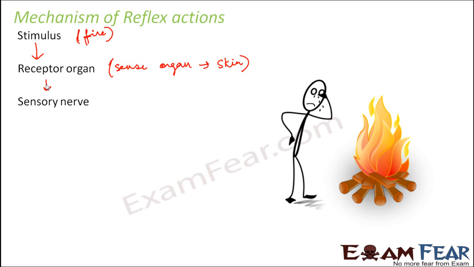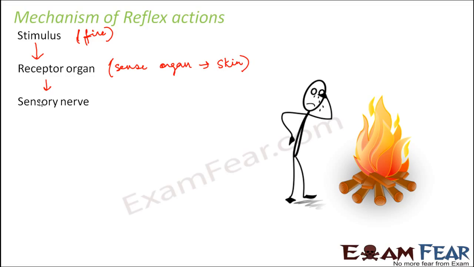Now, what happens? It is carried by the sensory nerve. As soon as the stimulus is received, at the level of the neuron, what is happening? The neuron gets excited. The neurons near that area, near your leg, get excited. When the neurons get excited, an action potential is generated.